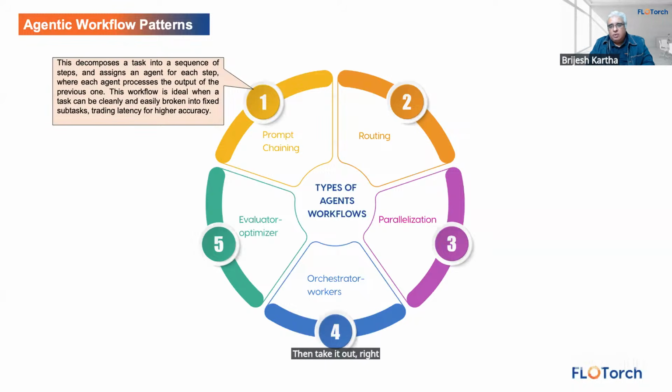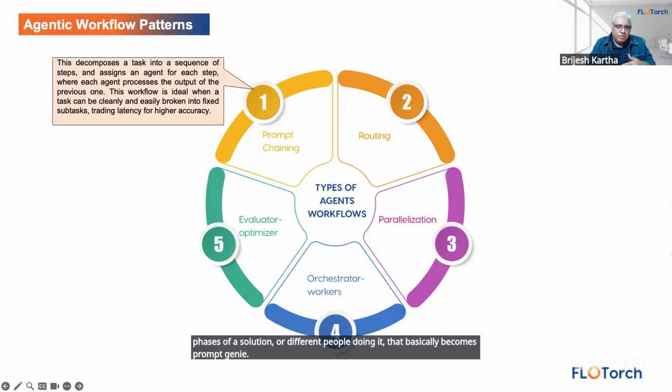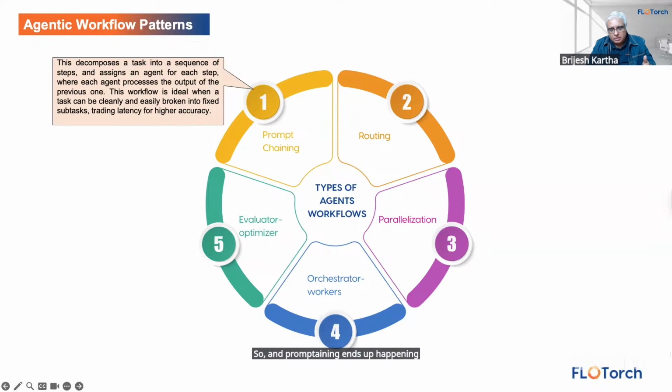So different phases of a solution or different people doing it, that basically becomes prompt chaining. And prompt chaining ends up happening in almost everything because any small part where more than two agents talk, it ends up being prompt chaining anyways.